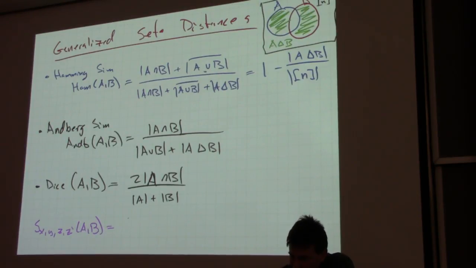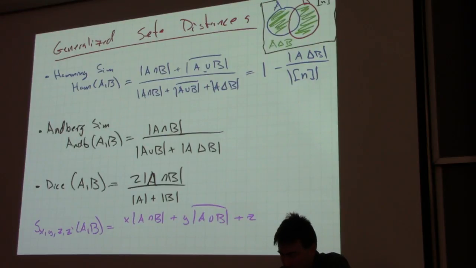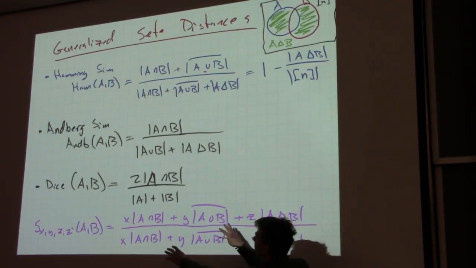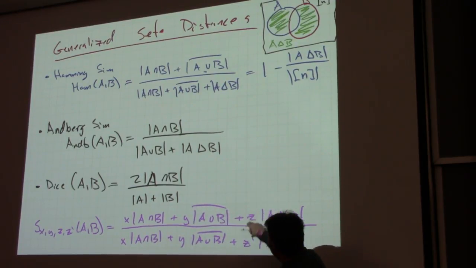If I write similarities in this general form, the numerator is X times A intersection B plus Y times the complement of A union B plus Z times the symmetric difference of A and B. Then the denominator is the same, but I put a Z prime on the symmetric difference term at the bottom.